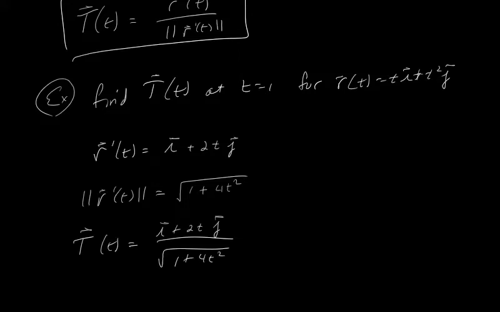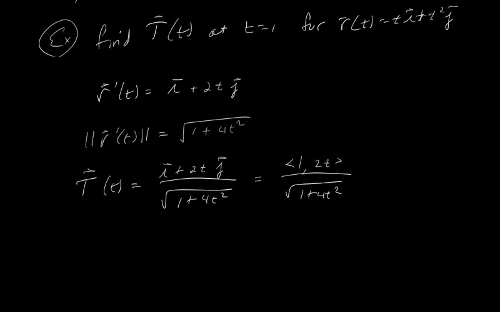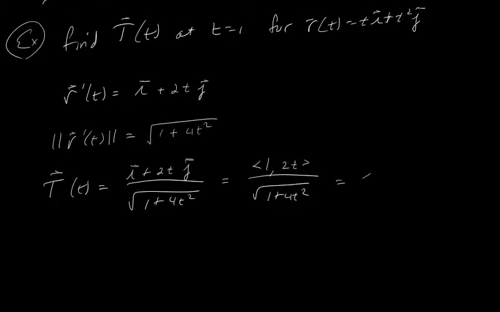And of course we can put that in vector notation as 1, 2t over the square root of 1 plus 4t squared. And we could go a step further if we really wanted to and say this is the vector 1 divided by the square root of 1 plus 4t squared, comma 2t divided by the square root of 1 plus 4t squared, if we wanted to really take it down to its simplest form.